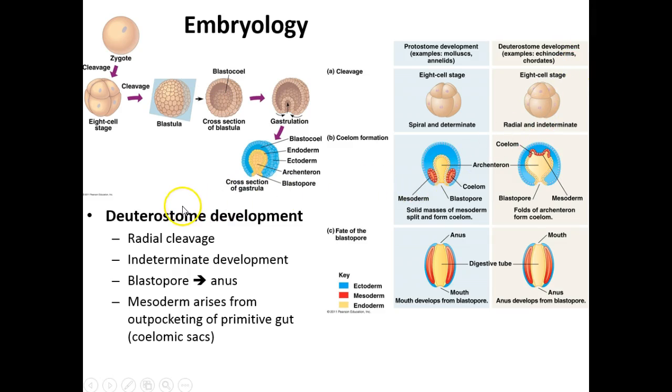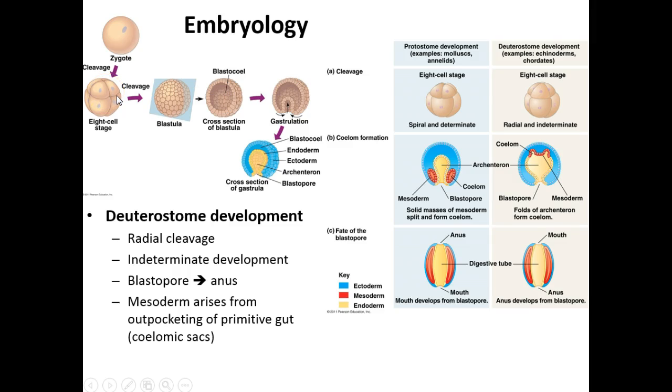But deuterostomes, we do have indeterminate development at some points of our early embryological development. So we do go through periods where if you break off one blastomere, which is just one of these cells here, that can still grow into an entirely new organism.